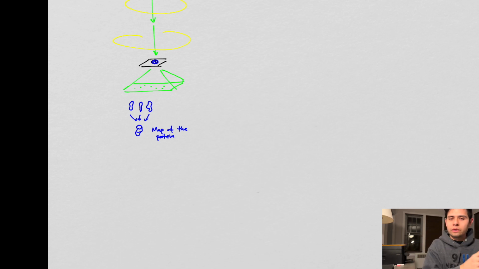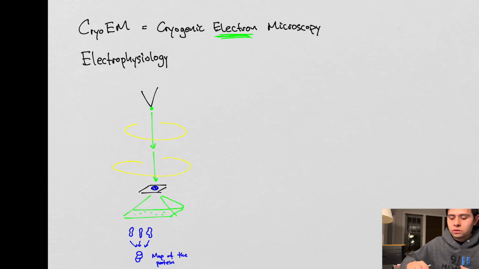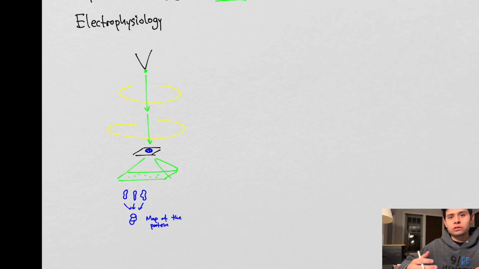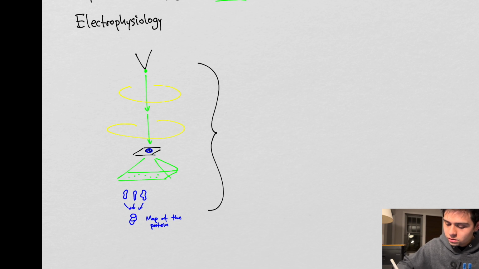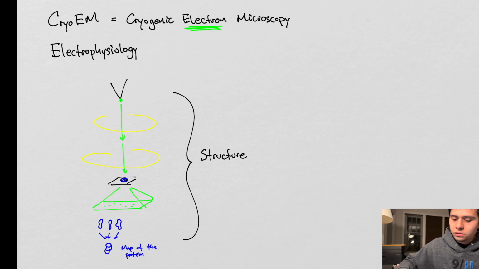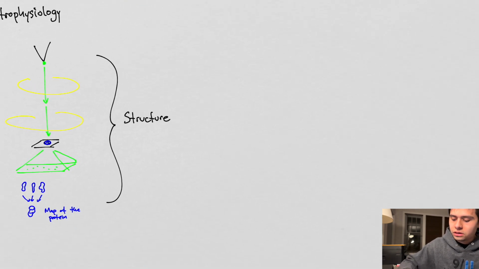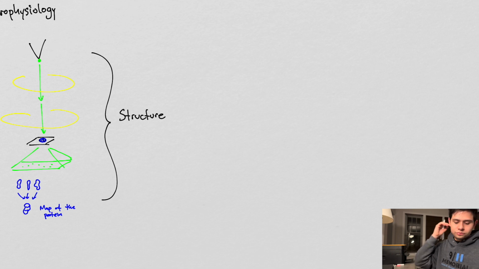So we're going to put CryoEM aside now, and we're going to talk a little bit about electrophysiology. But before we do that, this is a way of studying the structure of proteins. And this is important, right? This addresses the question of structure. Electrophysiology is going to address the question of function.